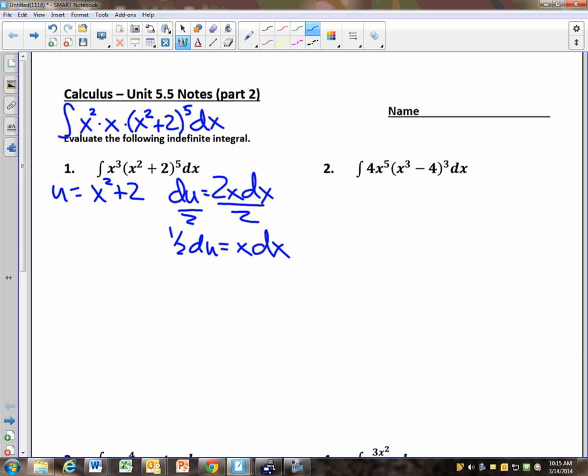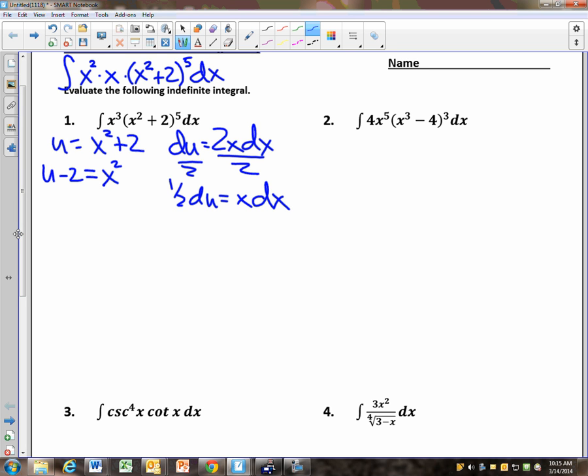Yeah! Squirrel! Woo! She got it! Look! u minus 2 equals x squared, right? Oh, so now, boom! She's got it! We've got it! Now we're golden! Look at that!